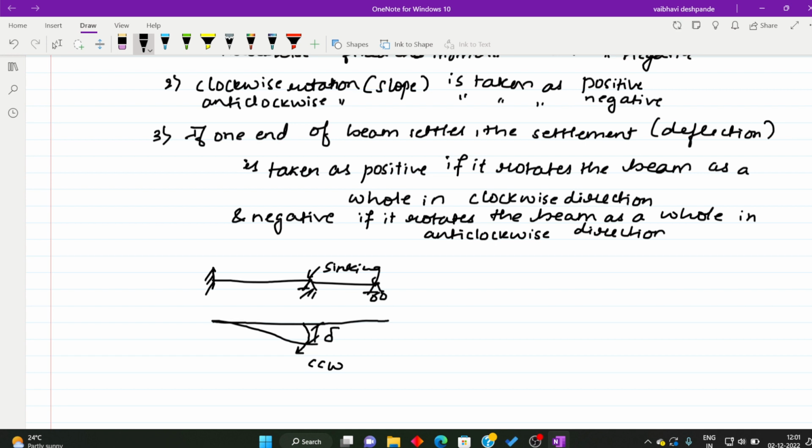If it is in a clockwise direction, then the delta term is taken as positive. If from the axis of the beam we go like this to the sinking or settlement, that is anti-clockwise direction, then delta is taken as negative. That is what this sign convention explains.